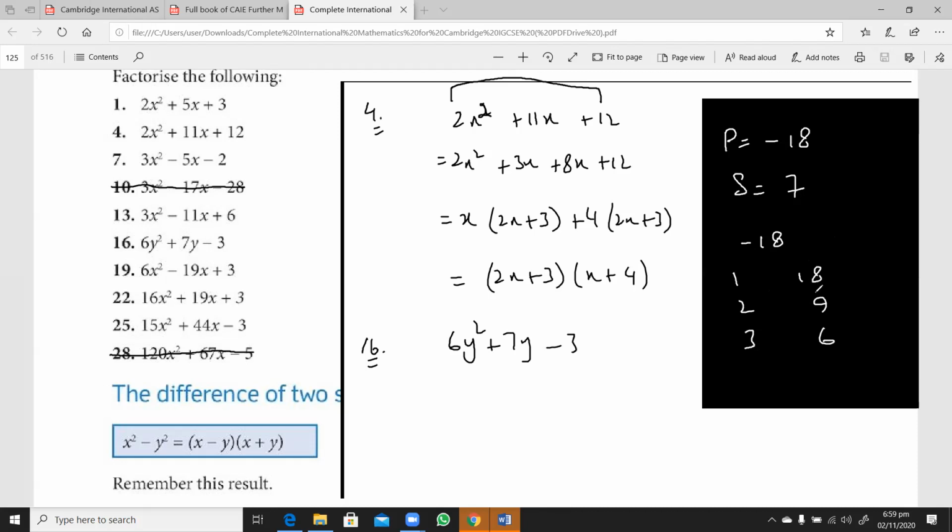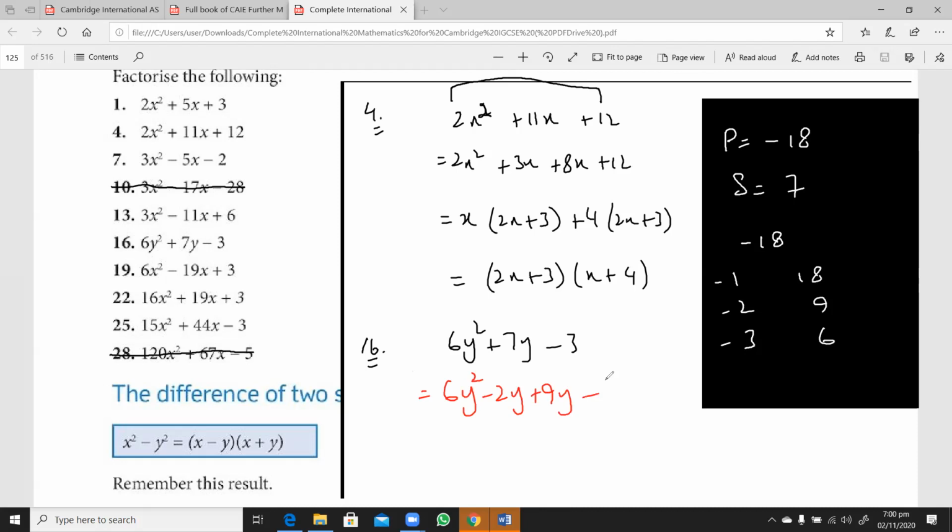So the bigger one should be positive, so I'm just putting minus here. So which pair do you think is going to give us the product minus 18 and sum 7? Minus 2 and 9.